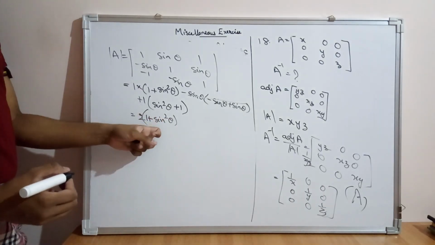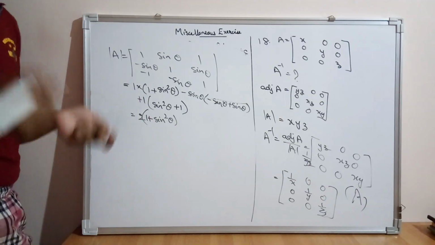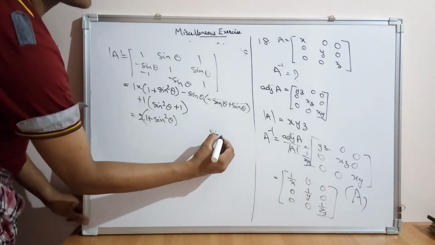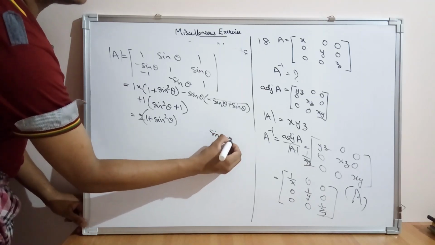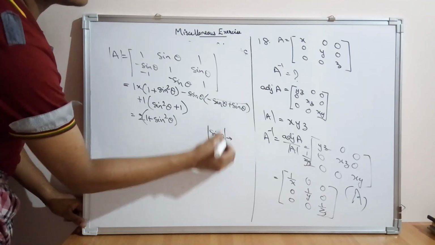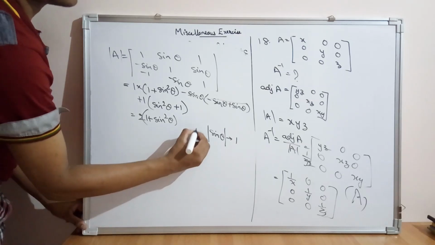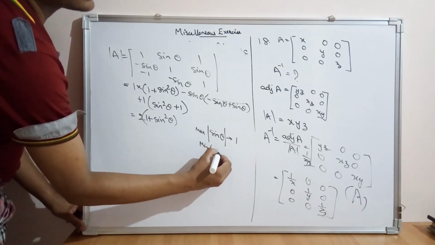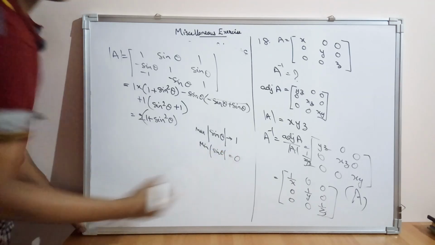Thinking about the value of sin square theta, the maximum modulus value of sin theta is going to be 1. The minimum value of sin theta is going to be 0.